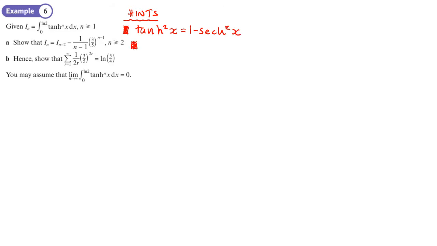Another one, you'll find it in the differentiation section of the formula book, but if you use it backwards, it will tell you that when you integrate sec, you get tan. Okay, that's using the differentiation table in the formula book backwards.